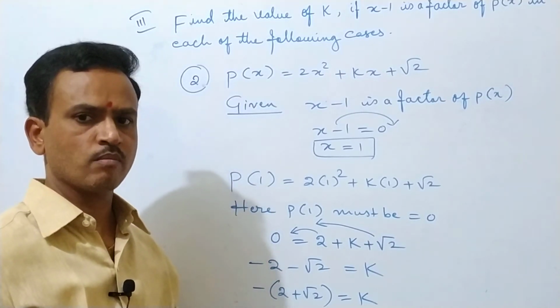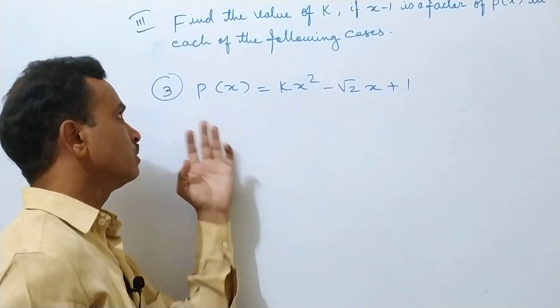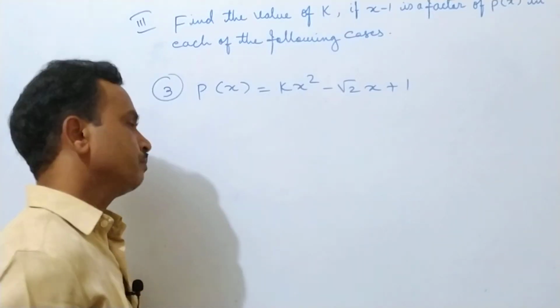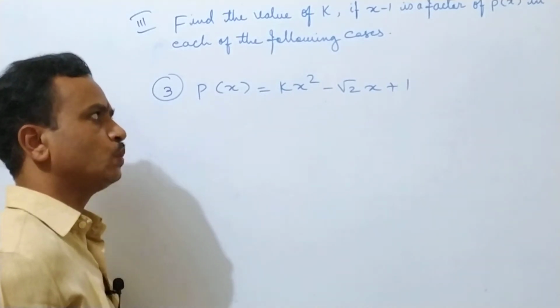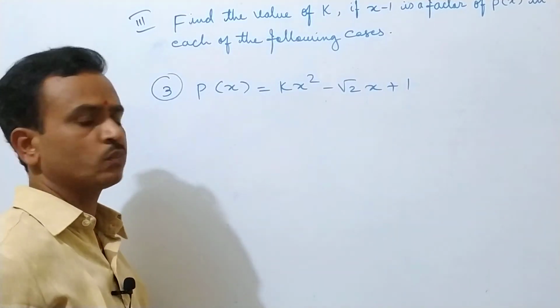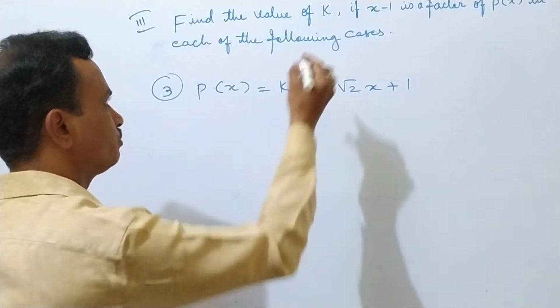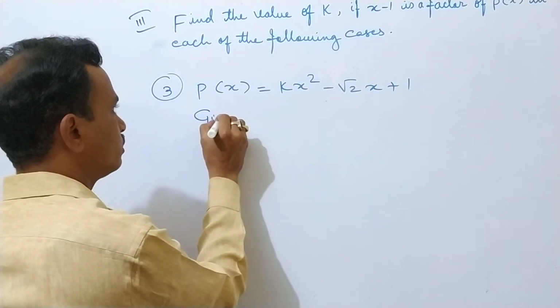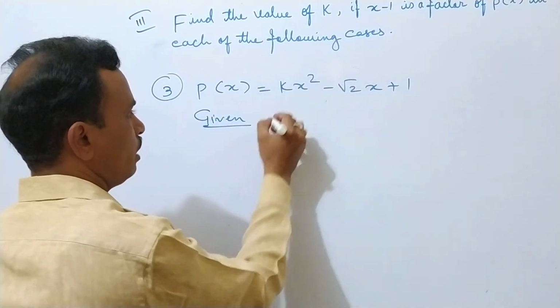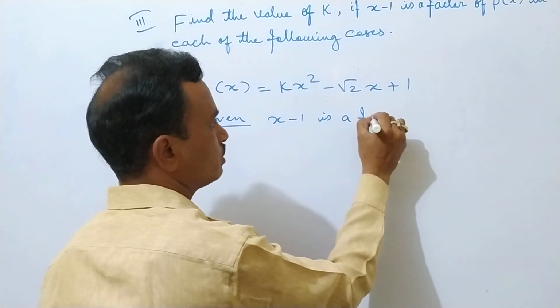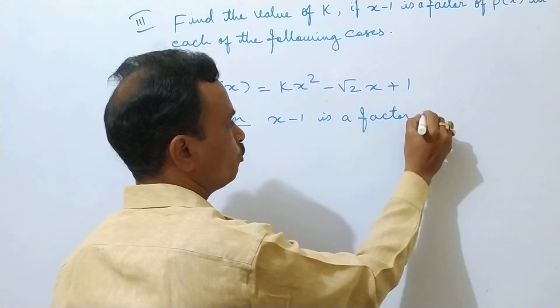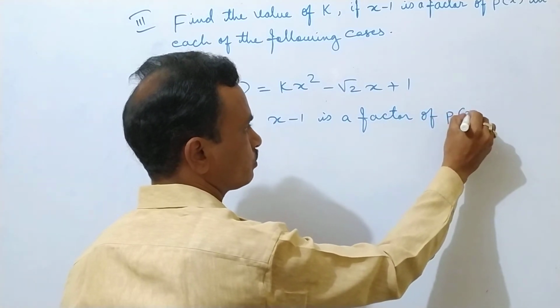Third question, P of x is equal to kx square minus root 2 x plus 1. So here it is given in the question that x minus 1 is a factor of P of x.